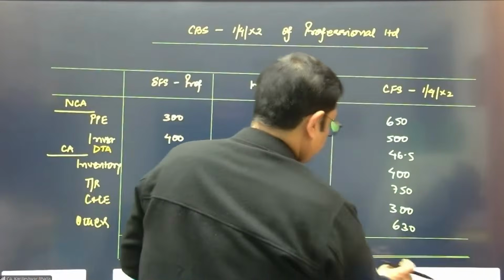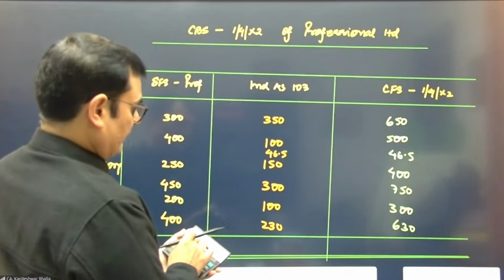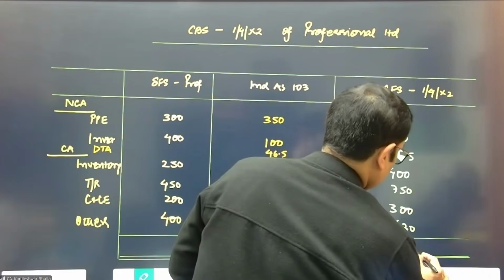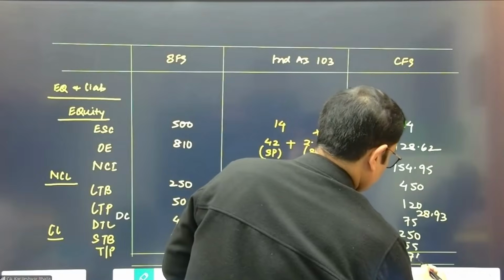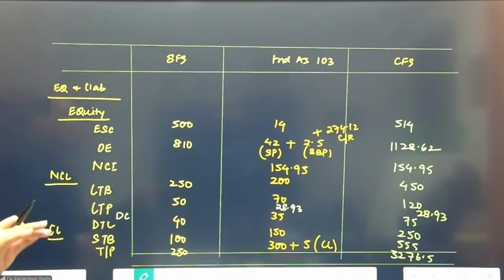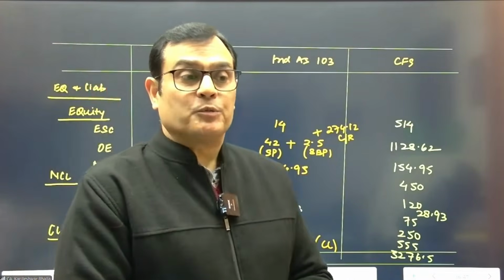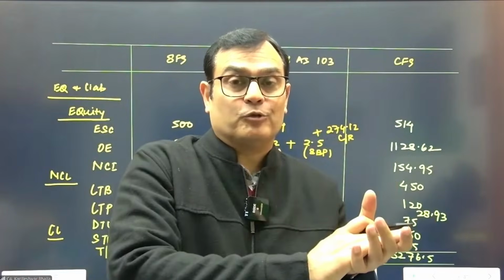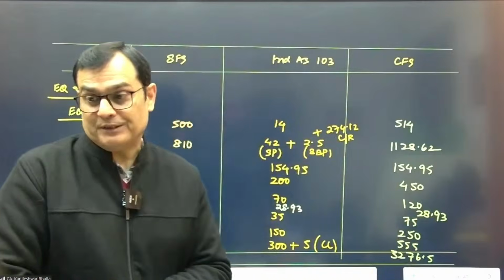The total of the balance sheet is coming to 3276.5 on both sides. Right, so the consolidated balance sheet is ready. You can call this the opening consolidated balance sheet, which was created on the basis of the separate financials, adding the Ind AS 103 acquisition entry and the product. The result is the consolidated balance sheet.